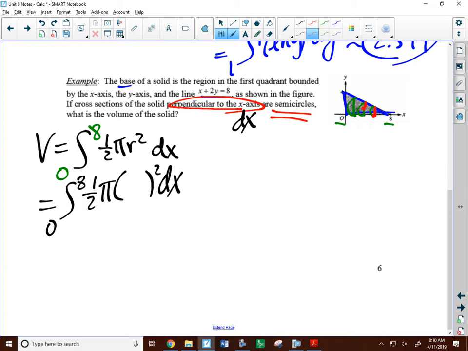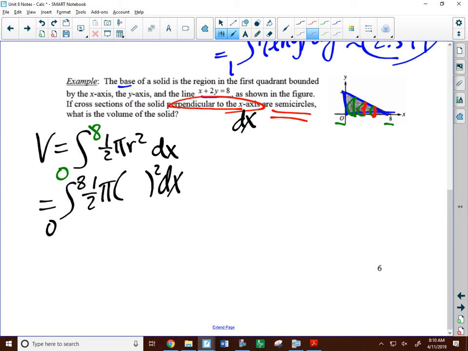So what I really need to do here is, I won't know r, but I do know that from here all the way across is double the radius. In other words, the diameter. So what I'm going to have to do is, once I get y in a second, I'm going to have to cut it in half.